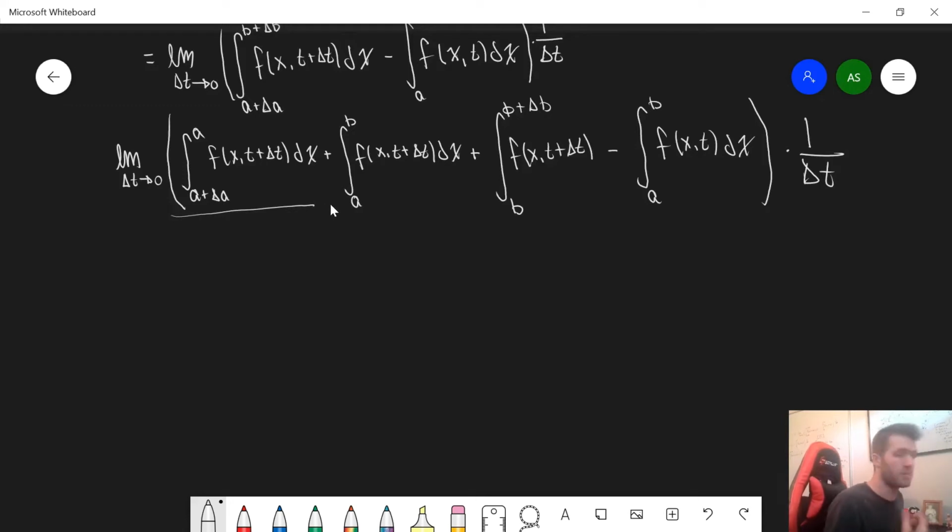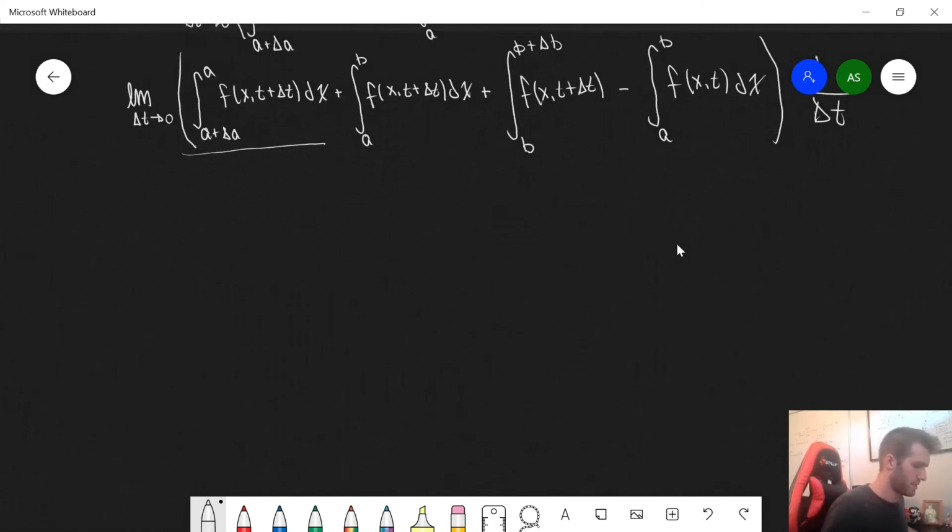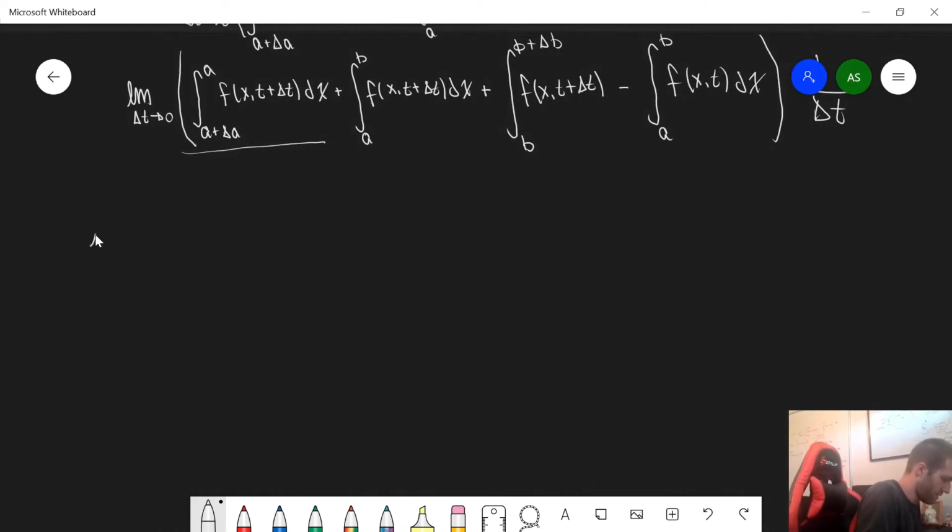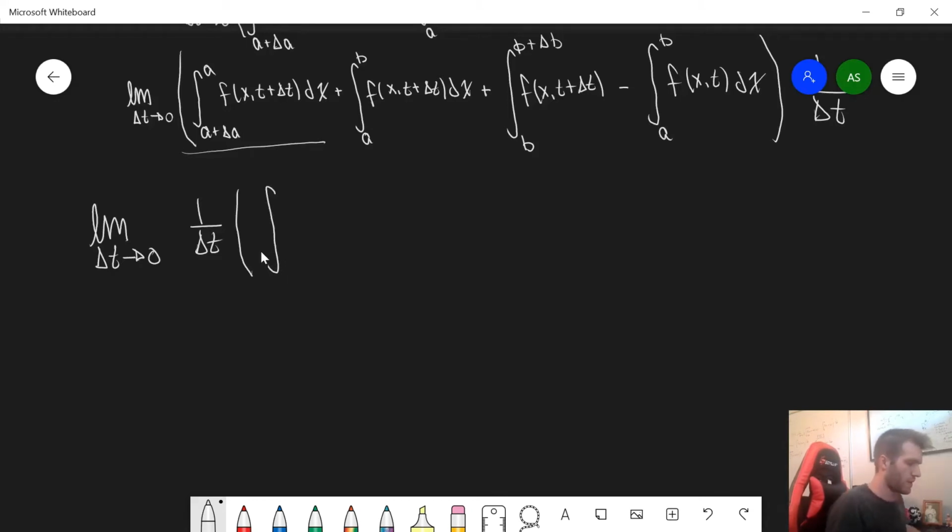We want to multiply it by -1 so we can reverse the boundaries and then rearrange these a little bit. So let's do that. We're going to have our limit of delta t approaching 0, and starting from this point, we're going to have 1 over delta t, the parentheses here, and then we're going to begin with our first set.